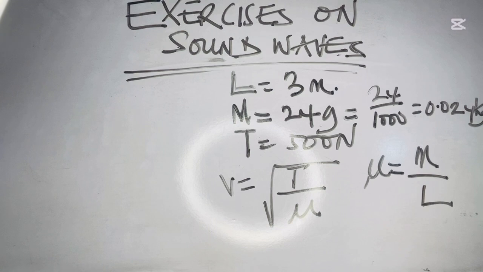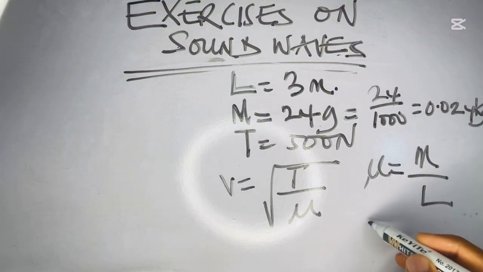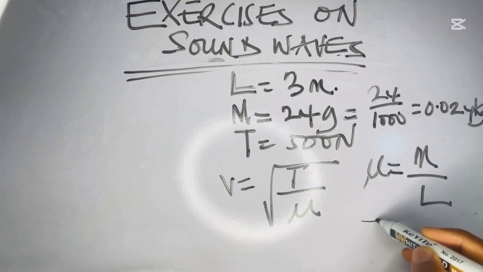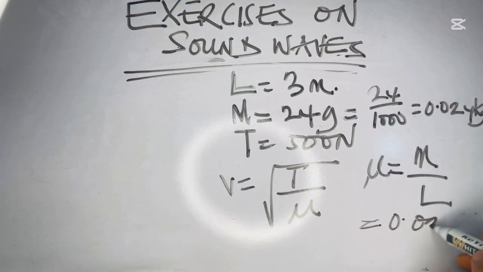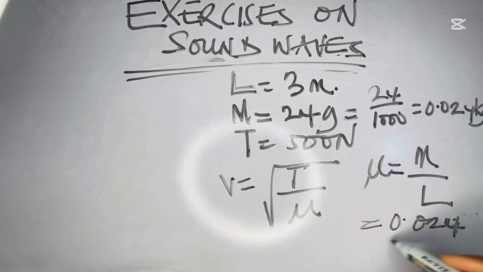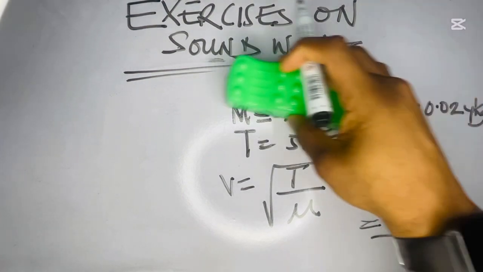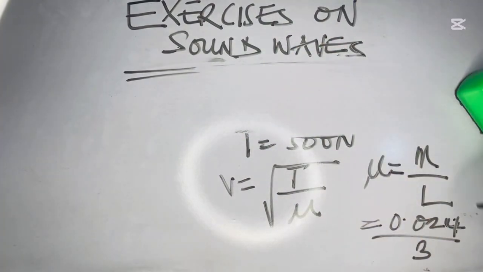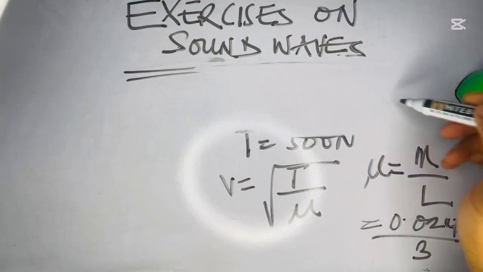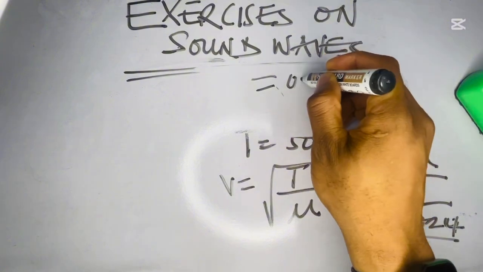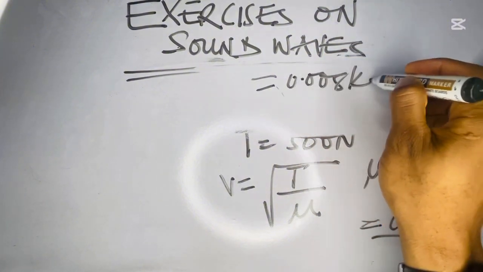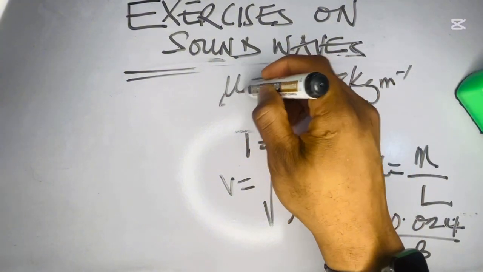We divide our mass, which we converted to kilograms, 0.024, by our length, which is 3 meters. If we divide 0.024 by 3, we have 0.008 kilograms per meter. So this is mu.